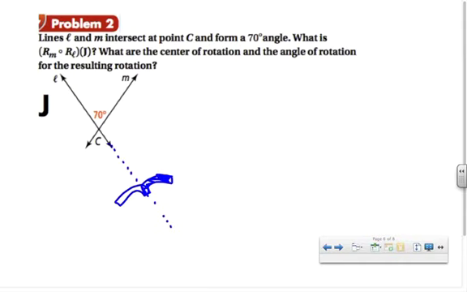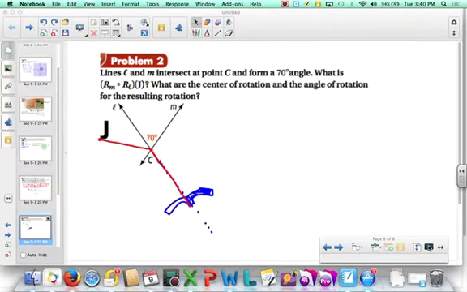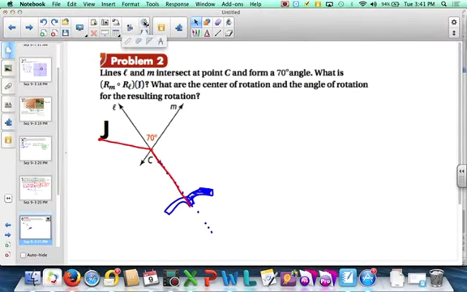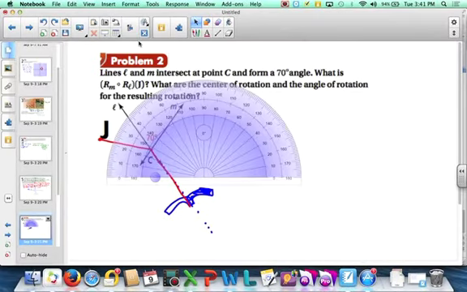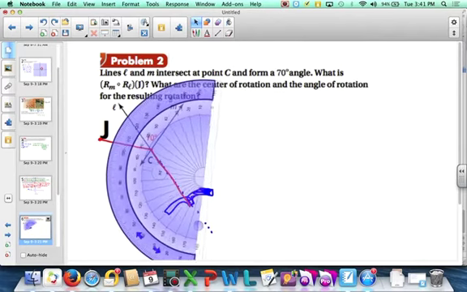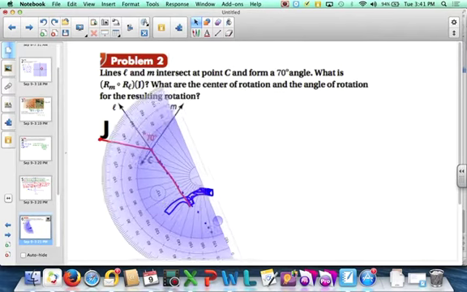And what ends up being really fascinating to a math nerd like myself is if I measure this angle from this point on J to this point of intersection of my two lines to this point on J, if I measure that angle, I'm kind of rusty with using this, so bear with me.